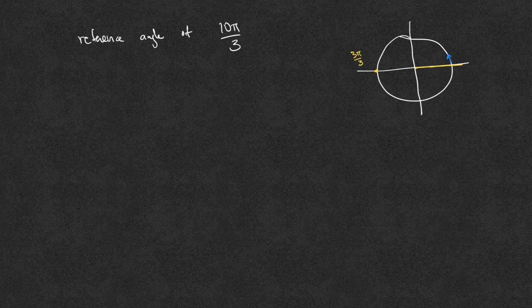Another half a rotation is 6 pi over 3. Another half of a rotation is 9 pi over 3. To get to 10 pi over 3, we just simply need to go forward counterclockwise another pi over 3. And so this is 10 pi over 3.